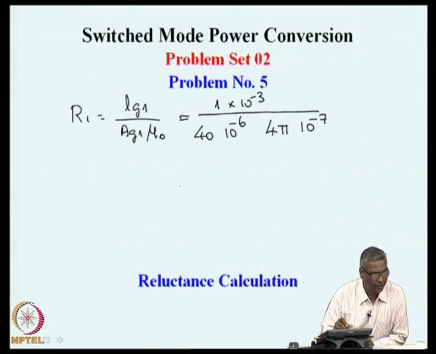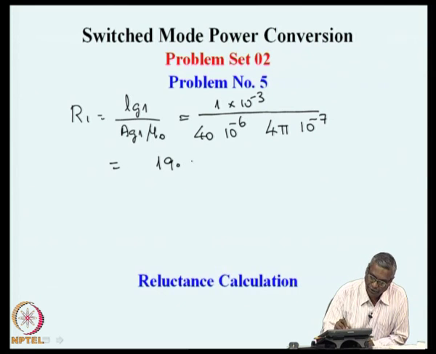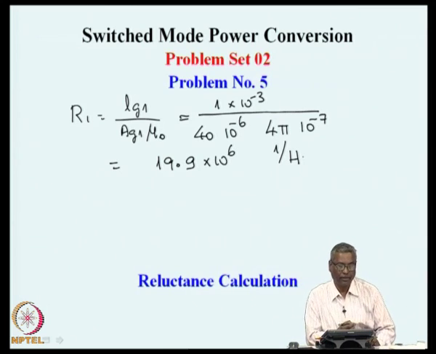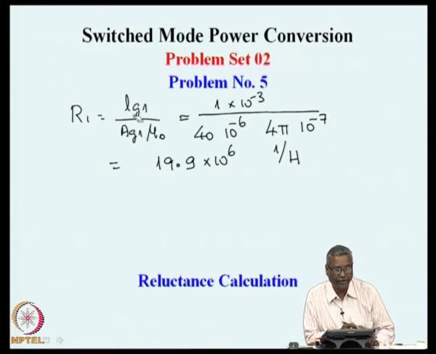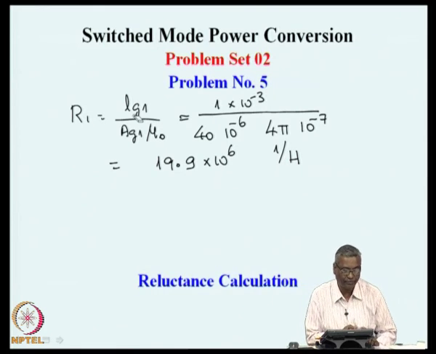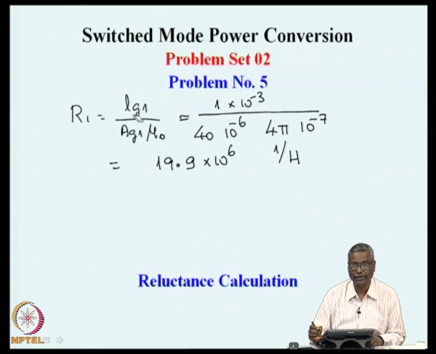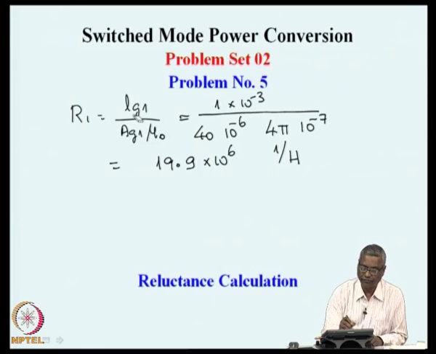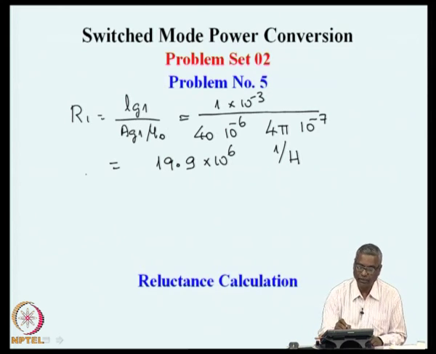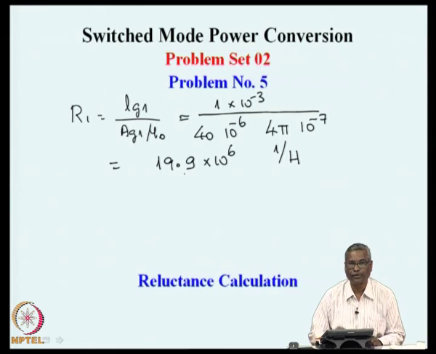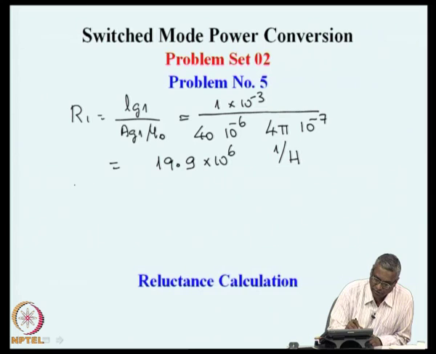This number, if we evaluate it, turns out to be 19.9 into 10 power 6, and unit is 1 by Henry, because L has a unit of meter, Ag has a unit of meter square, and mu naught has a unit of Henry per meter. So, effectively the reluctance R1 is 19.9 into 10 power 6 per Henry. Similarly, it is possible to find out what is R2.